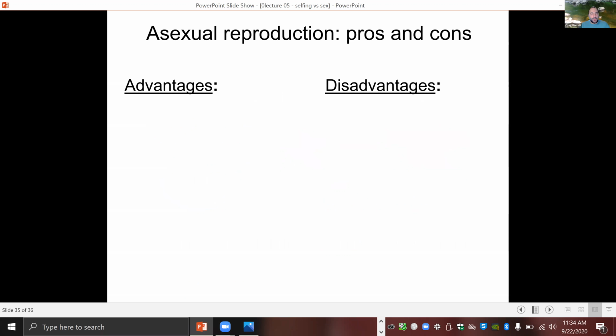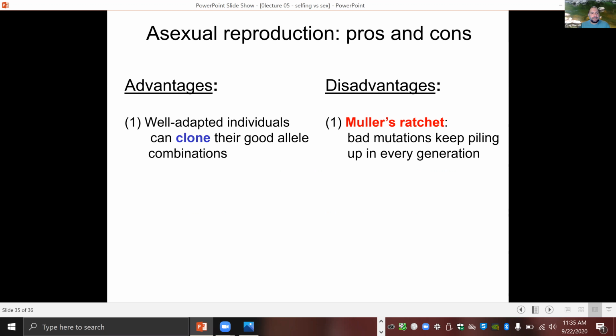Okay, so comparing the advantages and disadvantages of asexual reproduction, the pros and cons. The advantage for asexual reproduction is that well-adapted individuals can clone their good allelic combinations. One major disadvantage is Mueller's ratchet.